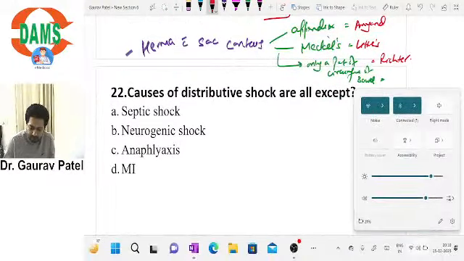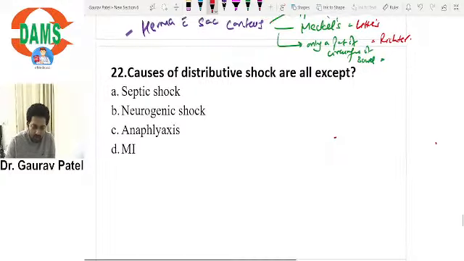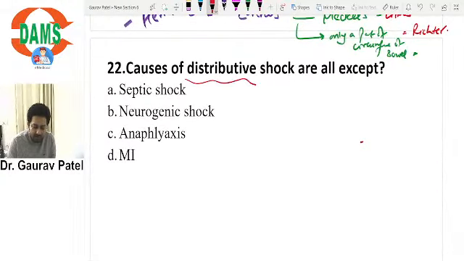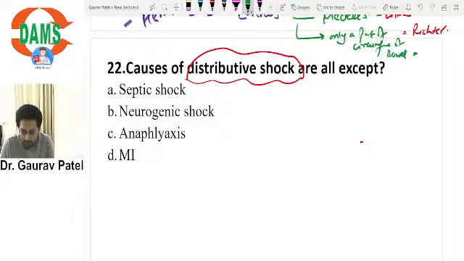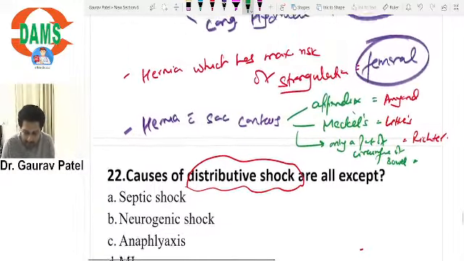Next question. Causes of distributive shock are all except. Before that, most commonly injured nerves in hernia surgery.